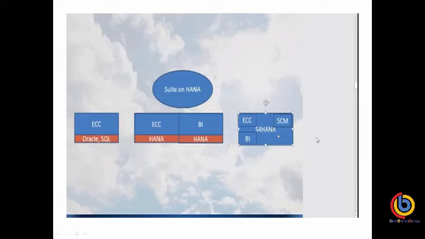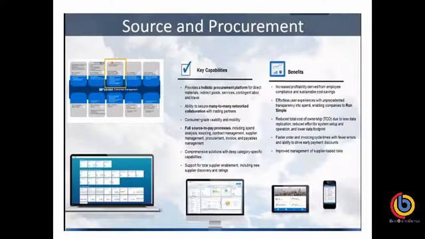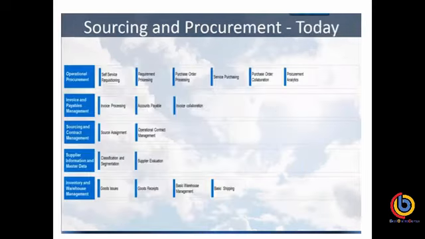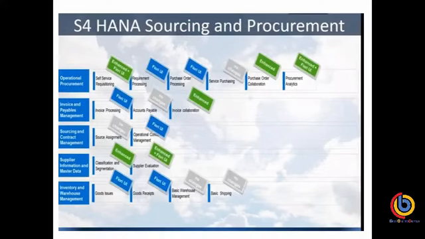So these are some examples I have given, source and procurement, what the key capabilities are, what the benefits are. This is source and procurement today. At this moment we have today's approach, but in S4HANA we can see here the enhanced version in Fiori, shown in green, and the grayed out means that it has become obsolete on HANA database in S4HANA.